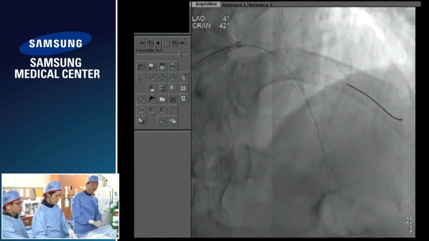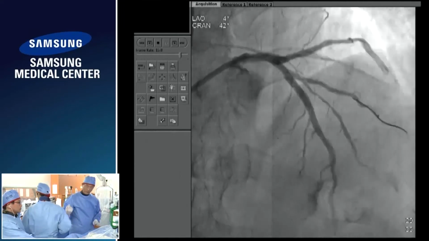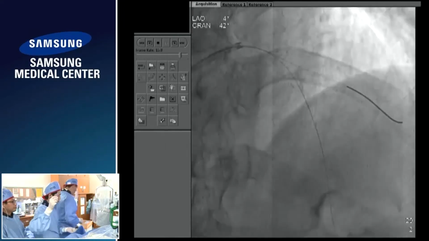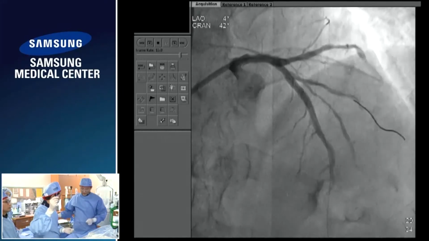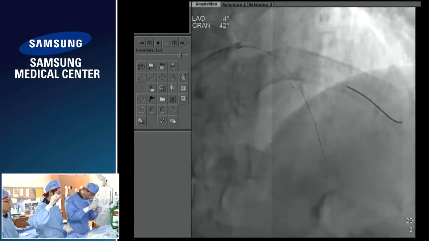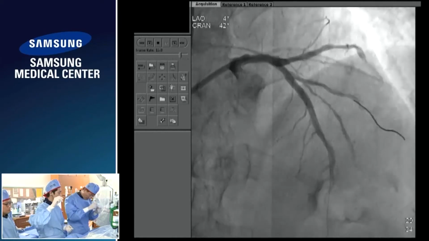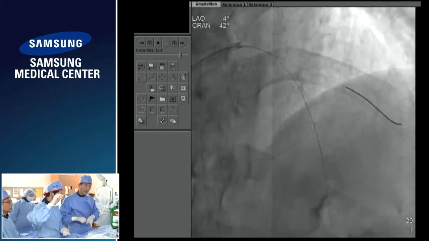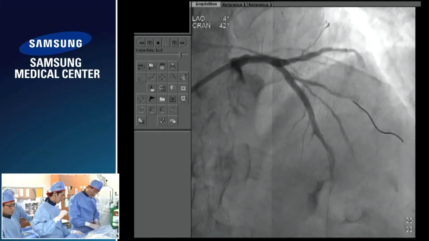So I like to recorrect it with the POT technique. So 3.5. The beauty of POT is we don't need to do the final kissing ballooning or mini kissing ballooning. That is standard technique for BVS because you don't like to overexpand the scaffold proximally.